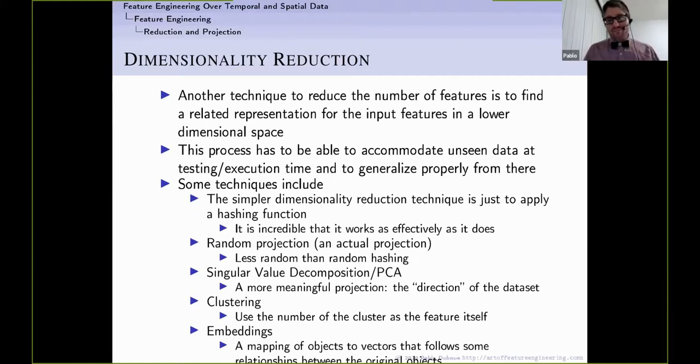A little better technique is to use a random projection. Yes, and this is an actual projection, so things that are nearby will end up nearby. The one that is very, very popular is PCA, or singular value decomposition, where we compute some idea of the direction of the data set and we project in that direction.